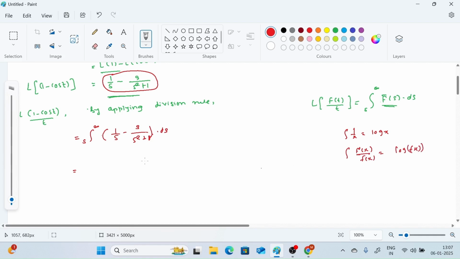We are using these two formulas in this equation now.